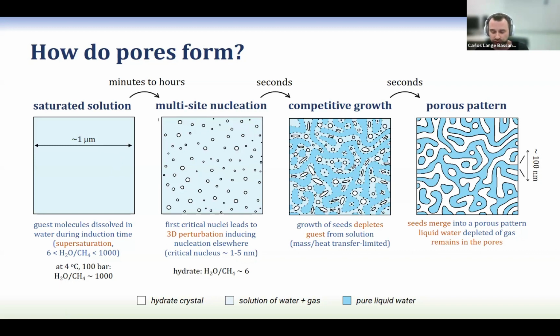It's just a perturbation. And this perturbation will cause all the other nuclei in the system to decide whether they nucleate or they dissolve. And then there is a very fast competitive growth and merging of the seeds that exist, forming this porous pattern.